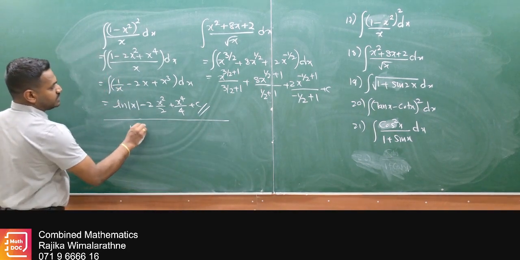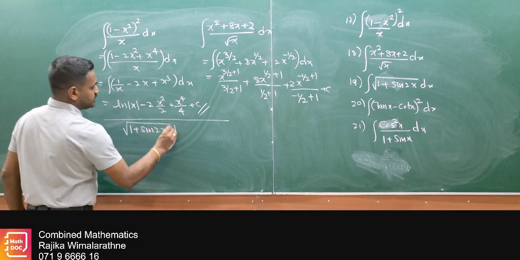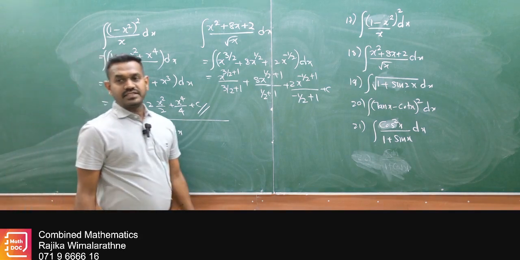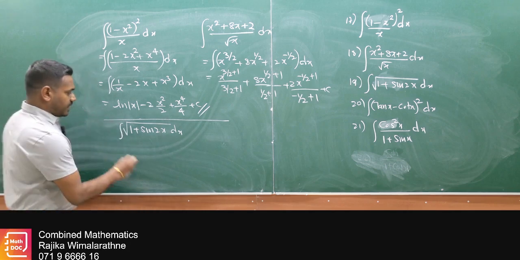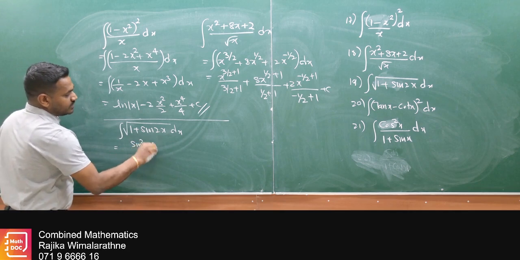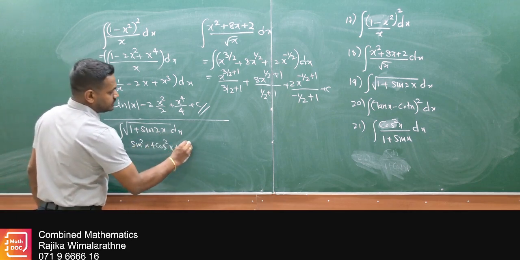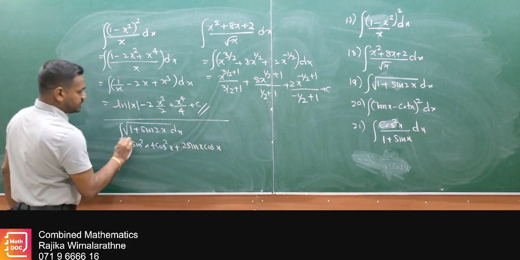Then square root of 1 plus sine 2x. You'd better put a star mark here. This simplification is special, that is on trigonometry. Write 1 as sine squared x plus cos squared x. Sine 2x we know, 2 sine x cos x, whole thing under the root.